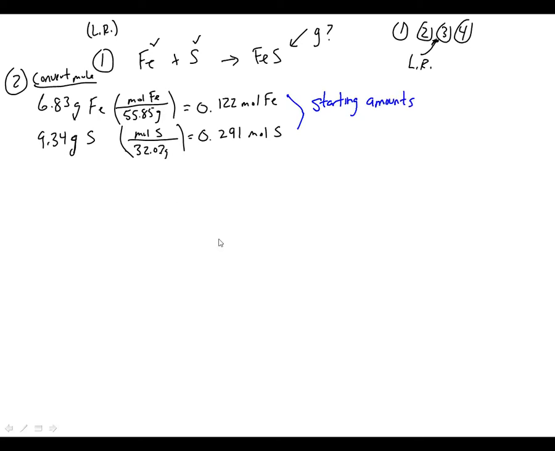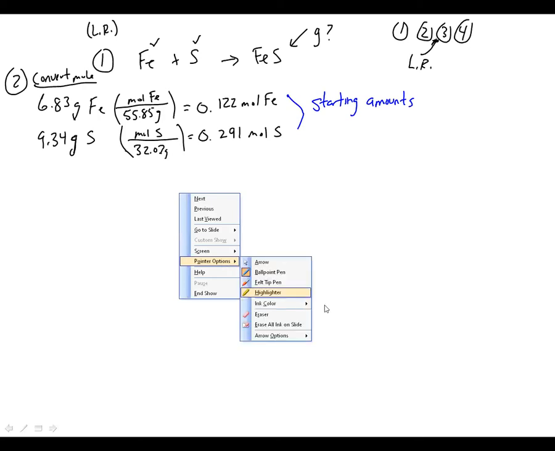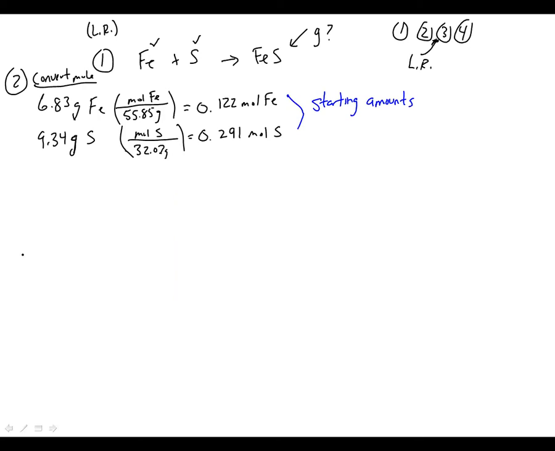Now, because this is a limiting reagent problem, we do need to do that calculation. So again, here you could choose either one of these. It doesn't matter which one you choose. So I'm going to choose the iron, and I want to figure out, if I want to use up all of my iron, how much sulfur is needed. So again, I chose to use up all of the iron.